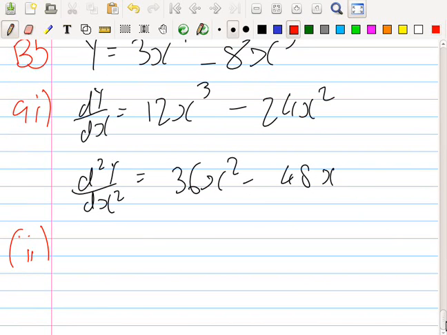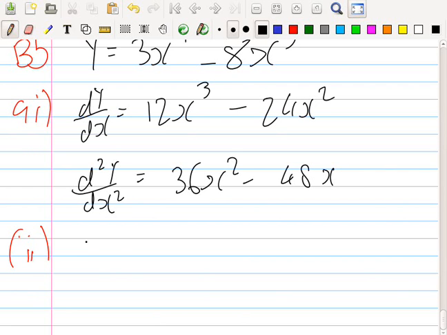Next part is find the stationary point. So what does the stationary point mean? Does anybody remember stationary point? Stationary point means when the derivative is 0.